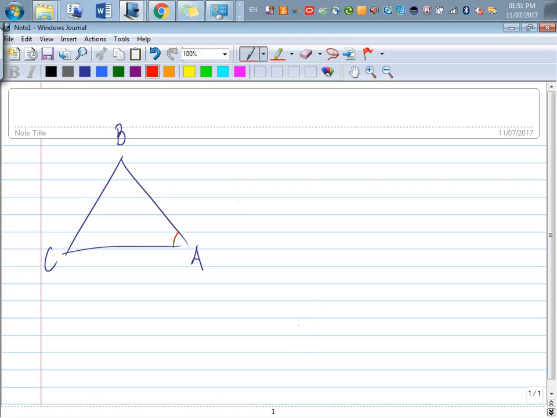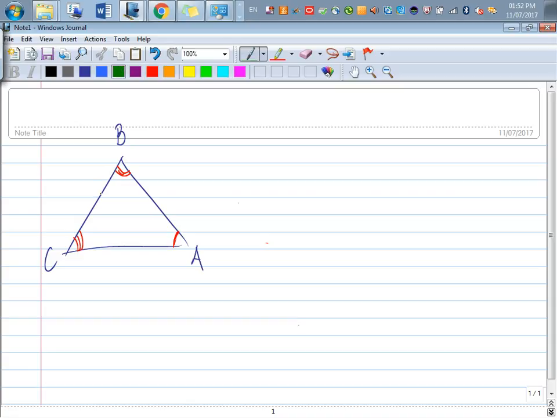We know this angle as CAB or BAC, right? So for short form, we shall call it angle A over here. Just short form. Over here, we will call it angle B. And over here, the last angle, C. Okay, so far easy.